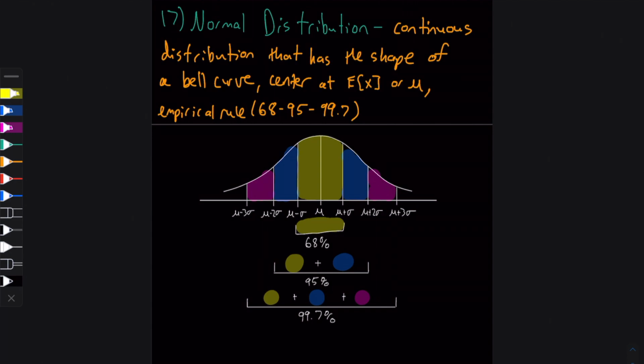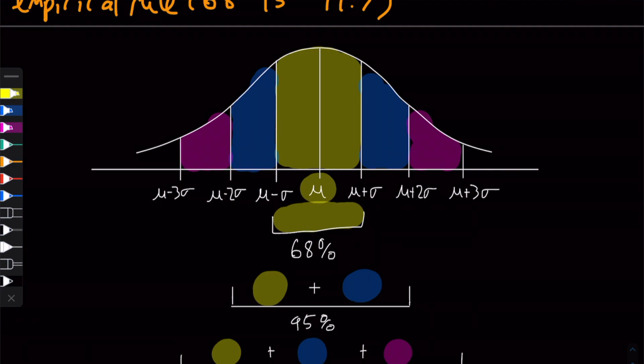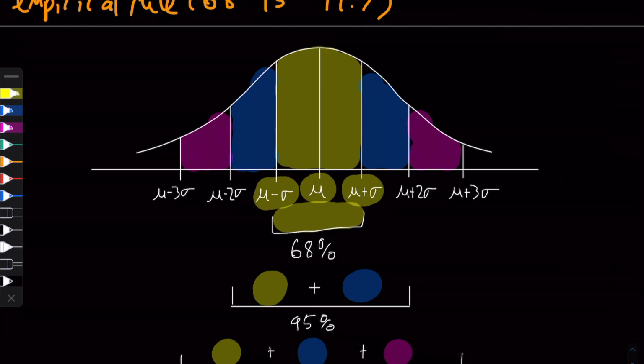So an important thing here is that we see the mean is in the middle, and if we go 1 standard deviation to the right, it's there, and 1 standard deviation to the left is there. And so our notation, this sigma is standard deviation.